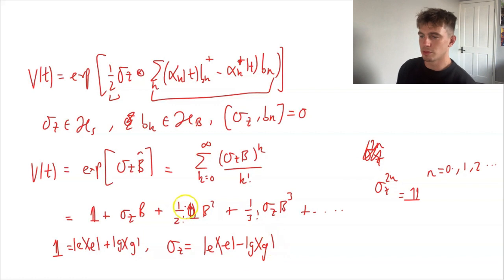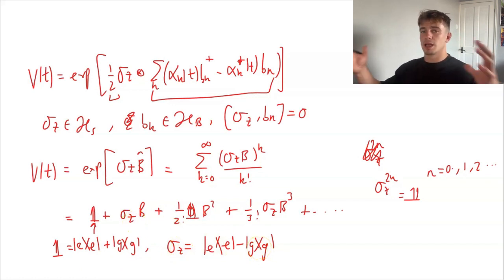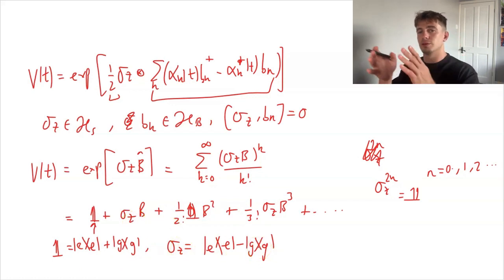And now I'm just going to replace all the identities with EE plus GG, and I'm going to replace all the sigma z's with EE minus GG, and then I'm going to collect all of the EE terms and all of the GG terms.